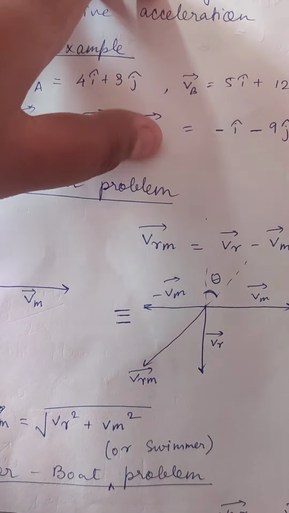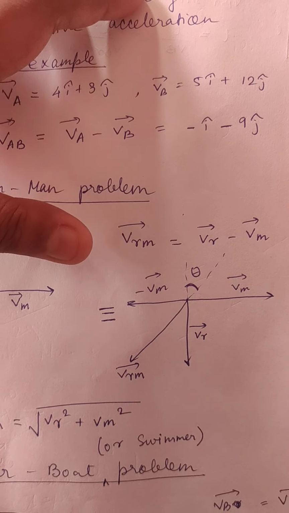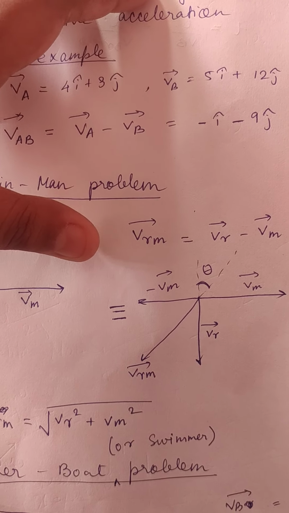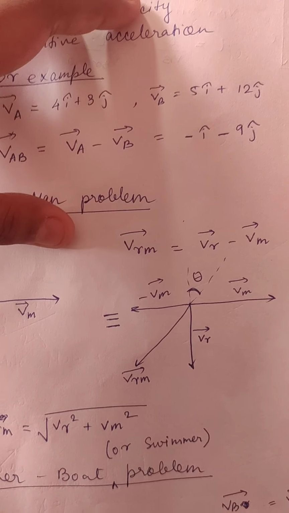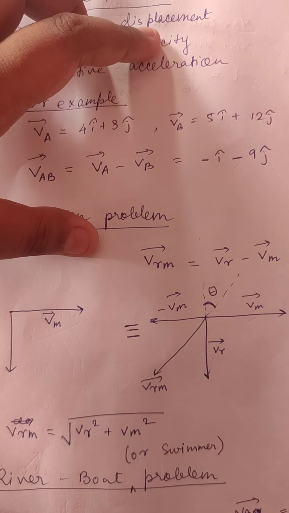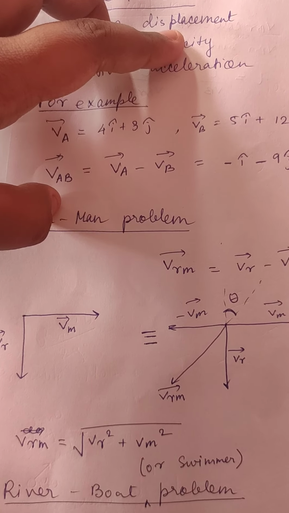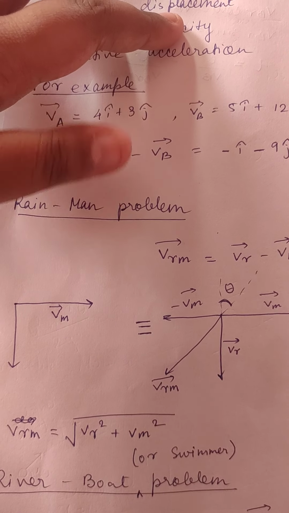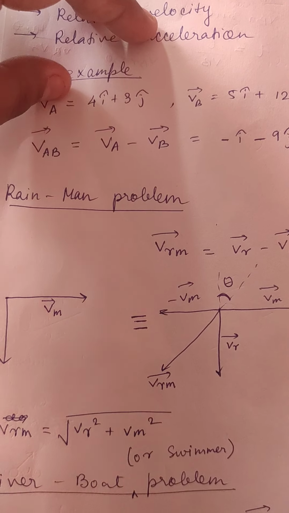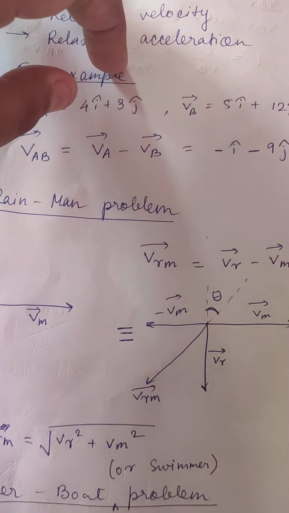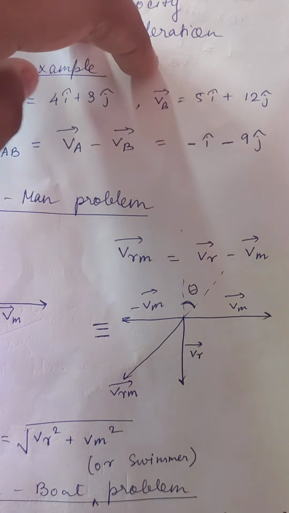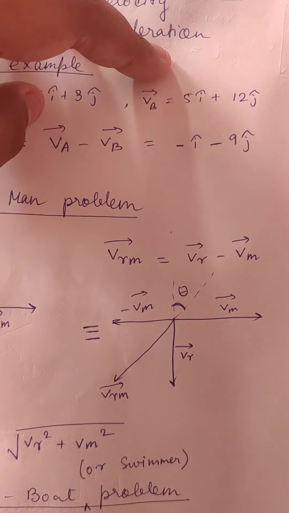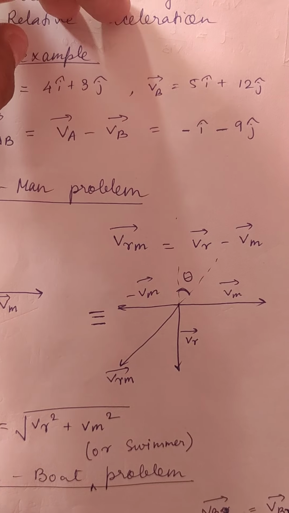With respect to B, generally we consider B to be the reference frame, and we consider B is stationary and A is moving away from B. VA is moving with the velocity of 4 cap plus 3 cap, and VB is moving with 5 cap plus 12 cap.